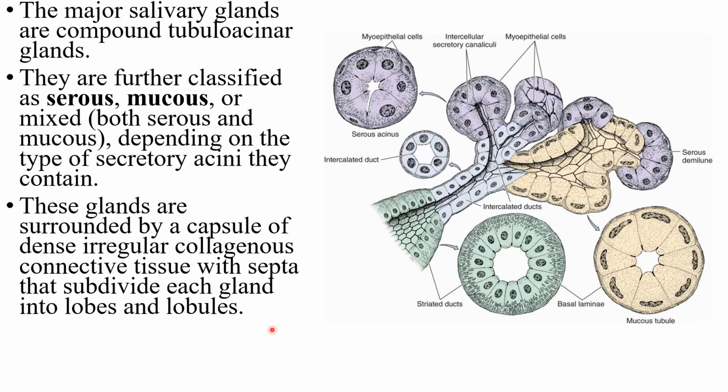You can see that the salivary glands are divided into many lobes and lobules, and this is because of the capsule, which is dense, irregular and collagenous in nature, a connective tissue that surrounds each salivary gland. And the septa of these glands divide the entire gland into many lobes and lobules.